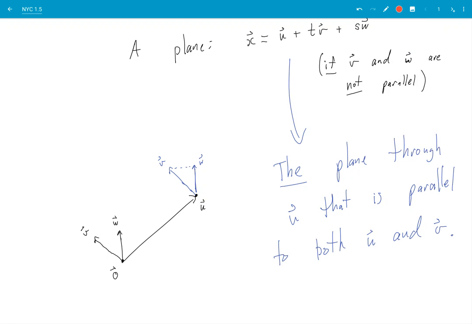Okay, and sometimes we call these things direction vectors.